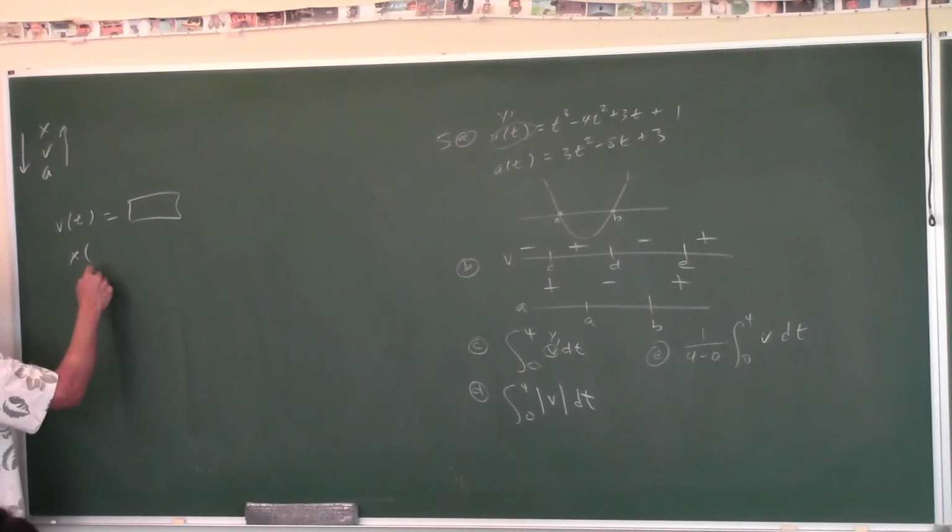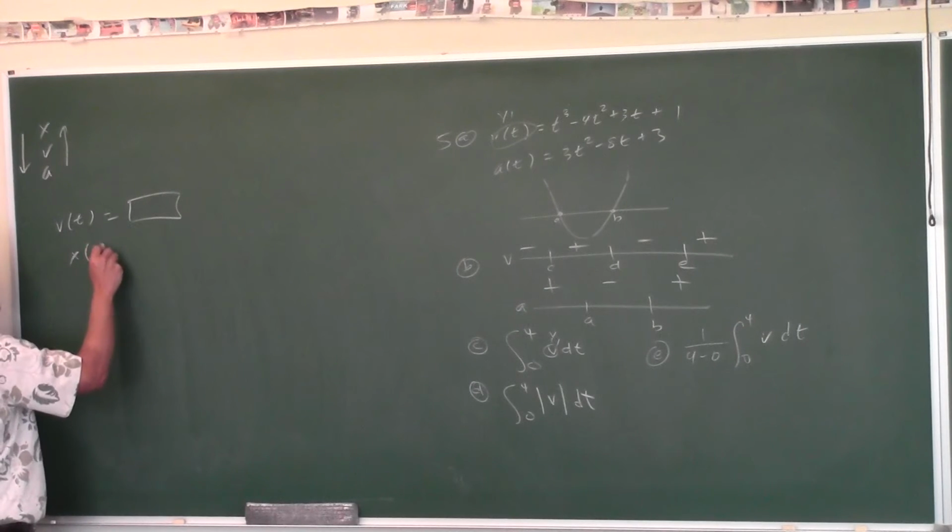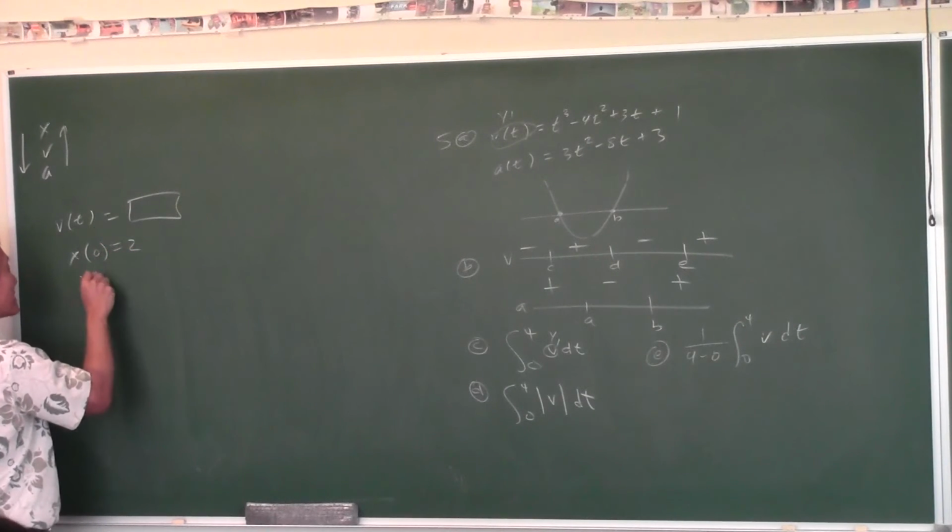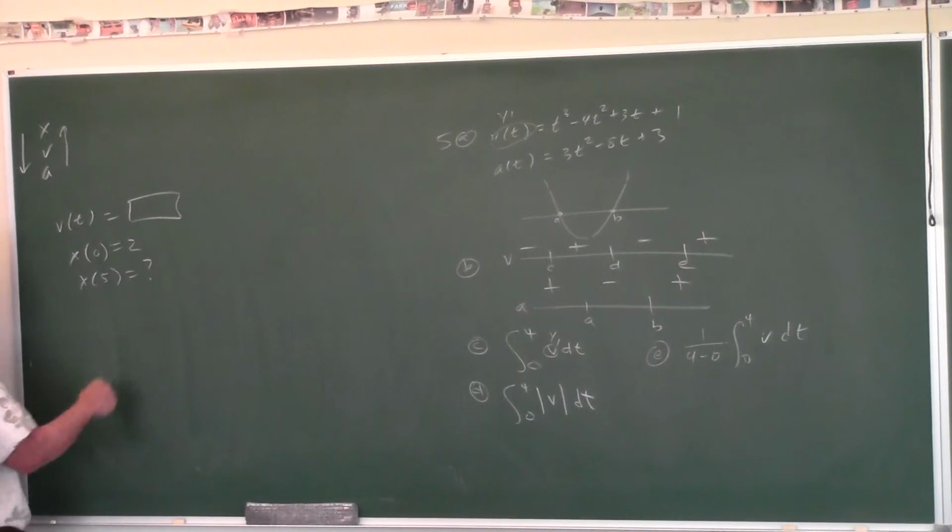So they'll give you something like, in this problem, x of 0 is equal to 2. What is x of 5 equal to? So in other words, they're going to give you a function, and they want you to figure out something about its antiderivative. In this particular problem, can I take the antiderivative of the velocity equation? Yeah, but the one I'm going to give you on the test, you're not going to be able to find the antiderivative.